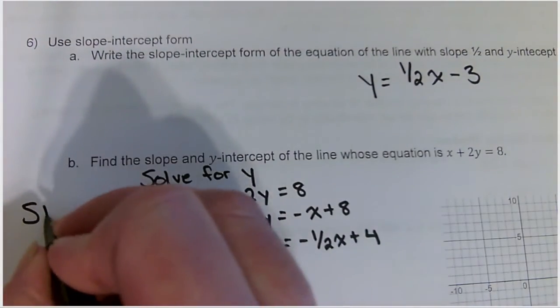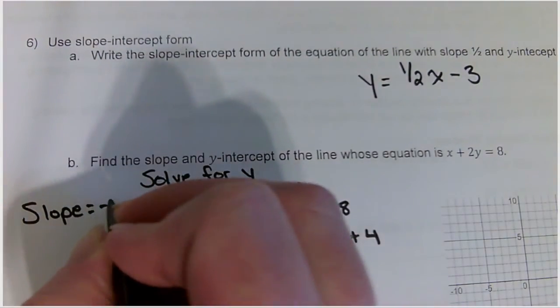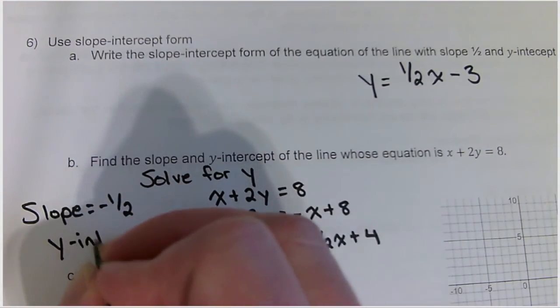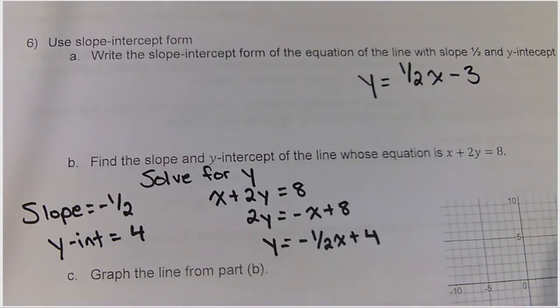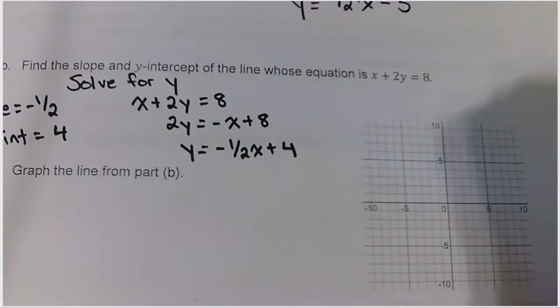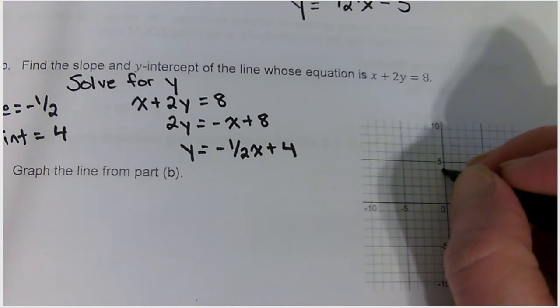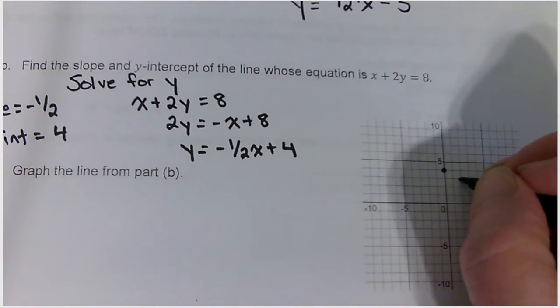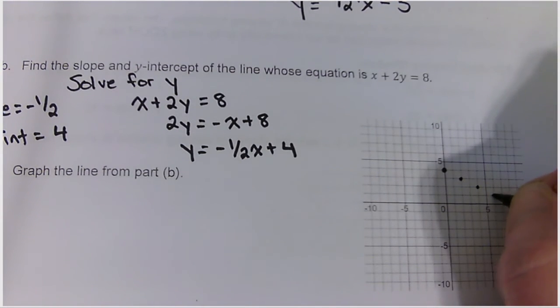So our slope would be -1/2, and the y-intercept would be 4. And once you have it laid out like that, it's much easier to graph. Remember, negative means we're going down to the right.